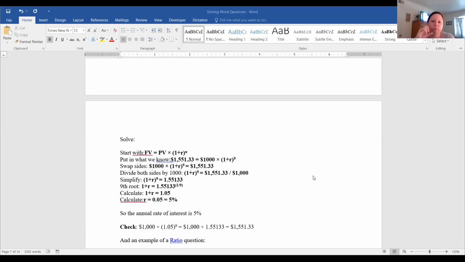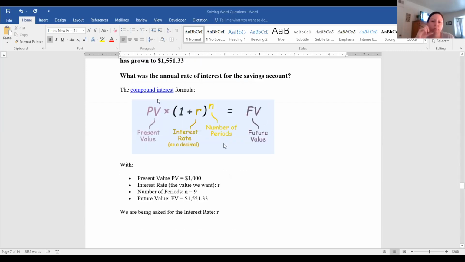Does this sequence of events make sense? I think so. Remember that in any formula, we can solve for the value of any of the variables listed here: present value, rate. We can even solve for the number of periods, although that becomes a little bit more of a problem, and we won't be going into that. Or we can find the future value.